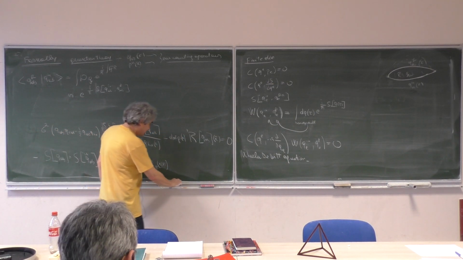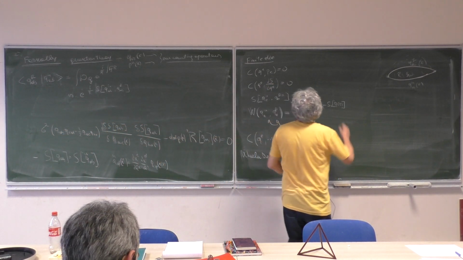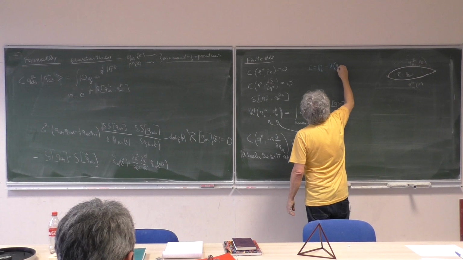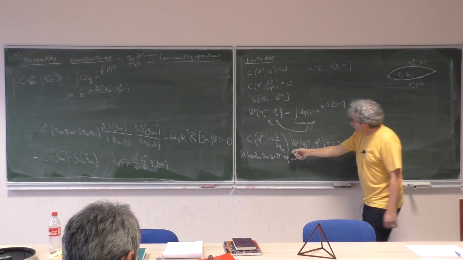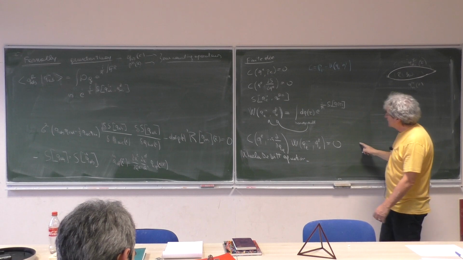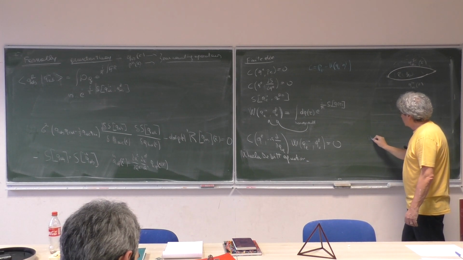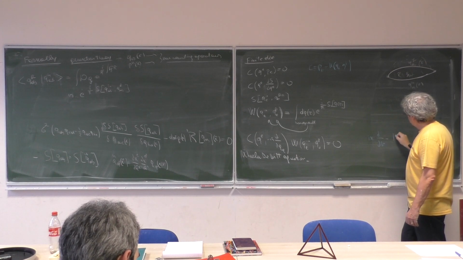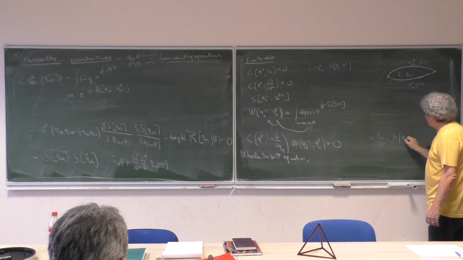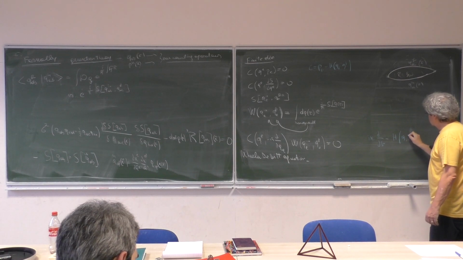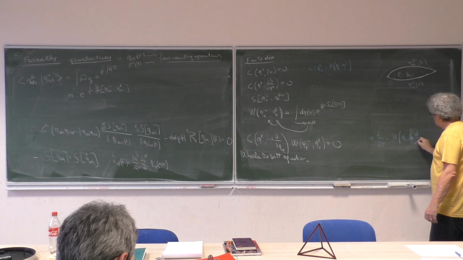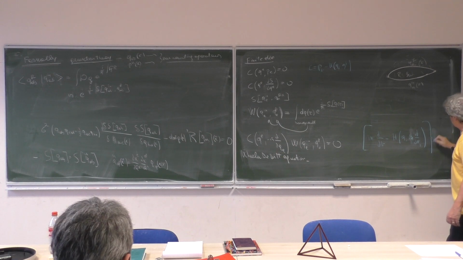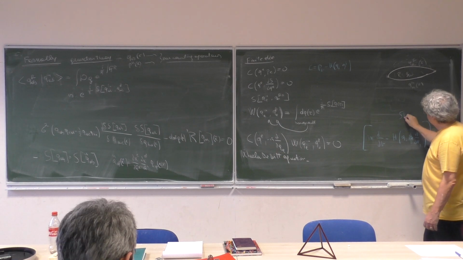In the special case where the constraint has the form p_t minus H of p_i, q_i, this Wheeler-DeWitt equation becomes: i h bar d over dt minus H of q_i, minus i h bar d over dq_i, acting on psi equals 0, which is a Schrodinger equation.